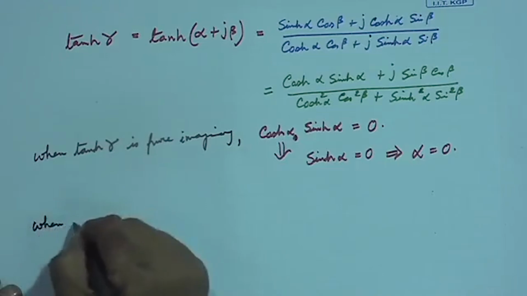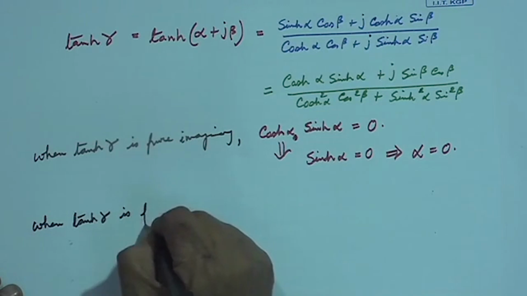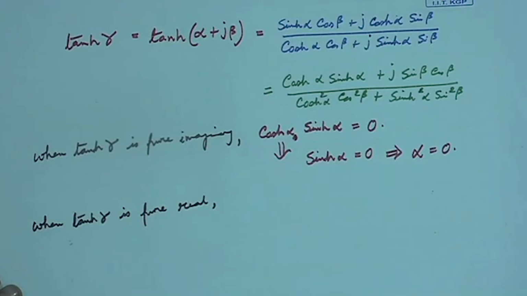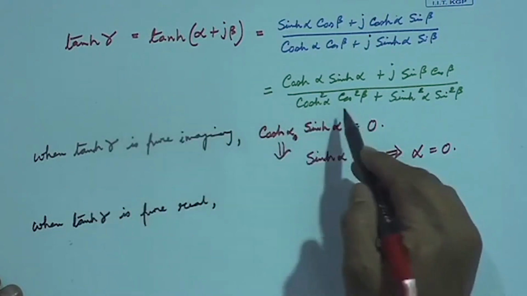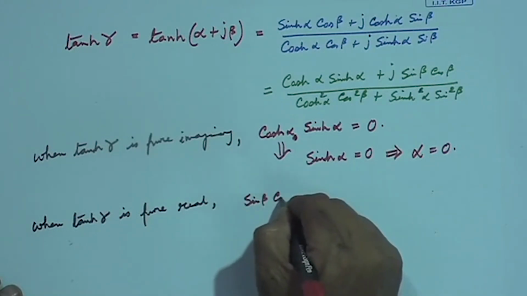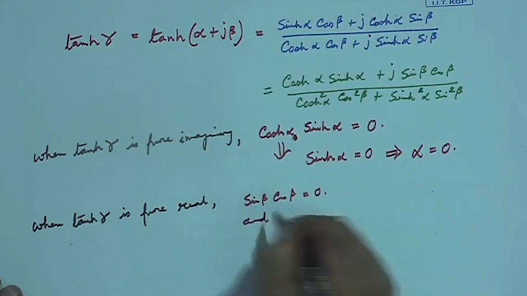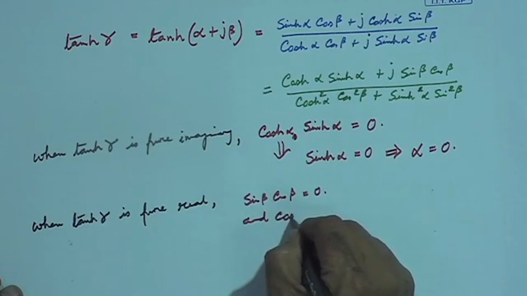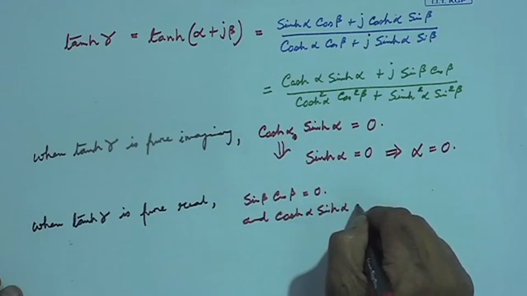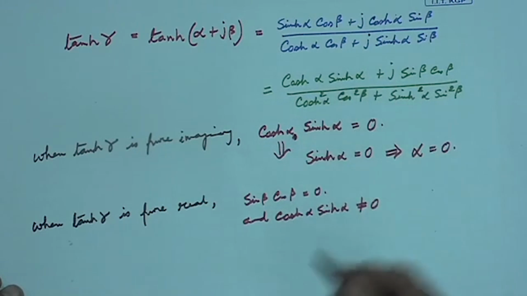When tan hyperbolic gamma is pure real, what I get, you see, this thing is pure real, that means this part should go to 0. I demand sin beta cos beta should be 0, and also cos hyperbolic alpha sin hyperbolic alpha non-zero, because this also may go to 0, then the whole thing will be 0.